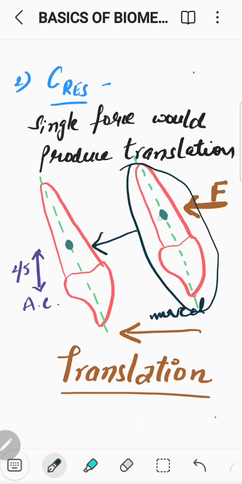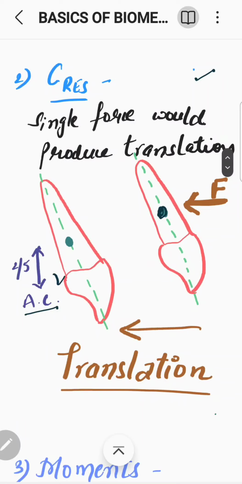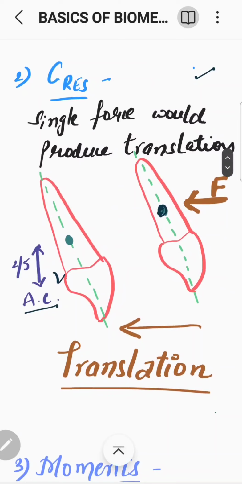That particular point is called the center of resistance. The center of resistance is not variable. This is a fixed point in the case of a healthy tooth. In a healthy tooth, it is at a position 2/5 from the alveolar crest along the length of the root of the tooth.